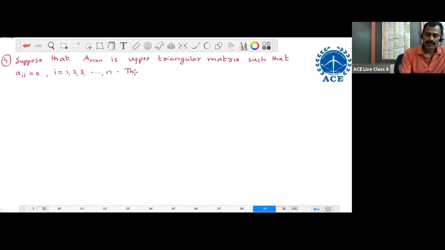Then the rank of A power n equal to: option A, 0; option B, n minus 1; option C, 1; option D, n.